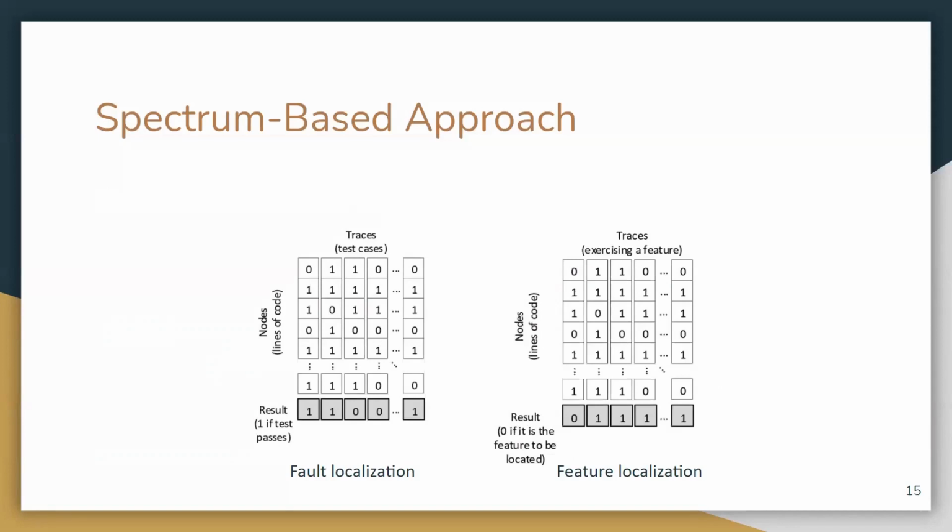And the result will be 0 for the traces that belong to the feature that we want to locate, that is, as if it was the faulty code to locate, and the obtained ranking when applying one of the ranking metrics will be based on the suspiciousness of each line of code belonging to a feature under analysis.